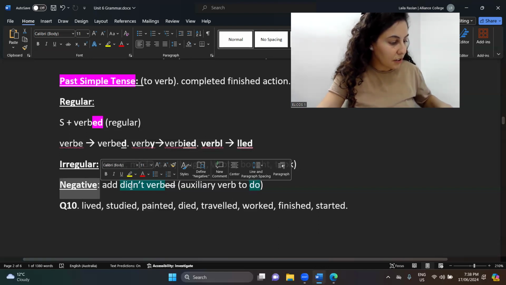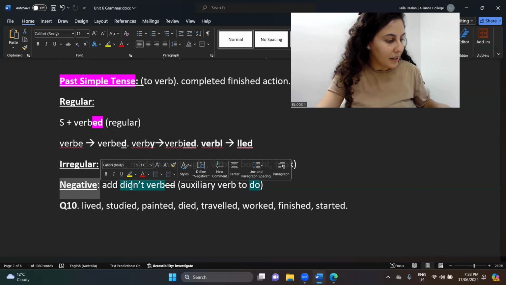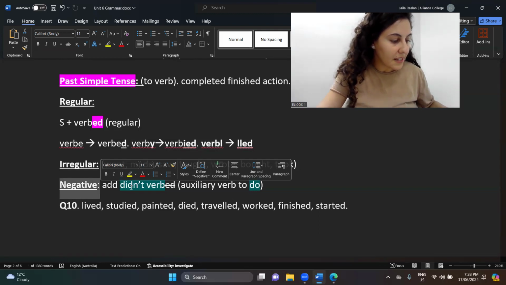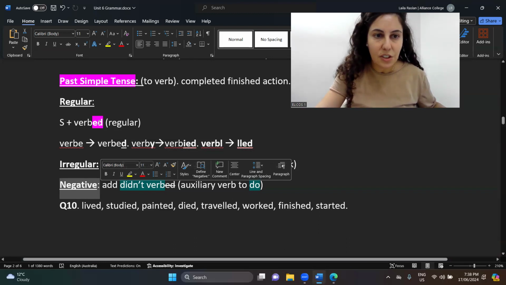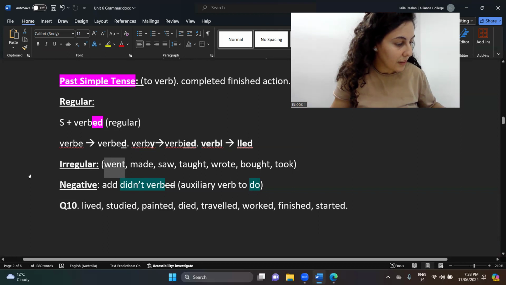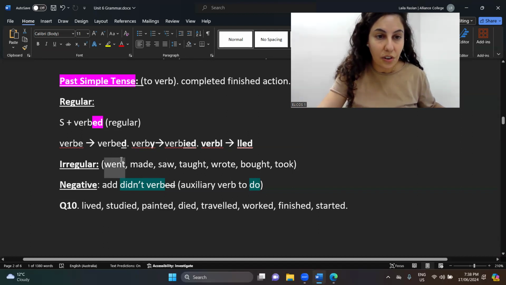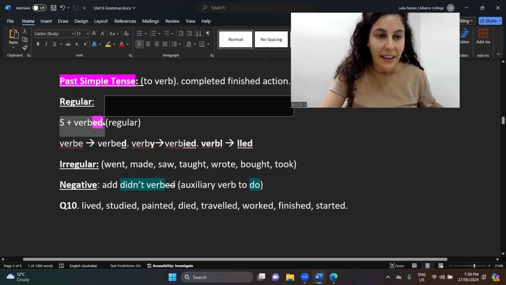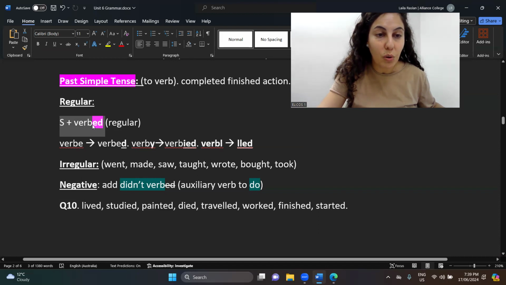Okay, so I just want to go to number 5. Or number 4, do all the verbs in the past end in ed? No, because irregular verbs have their own rule. Does the verb change in the third person? No. So we say I, you, he, she, it, we, they, all for all.